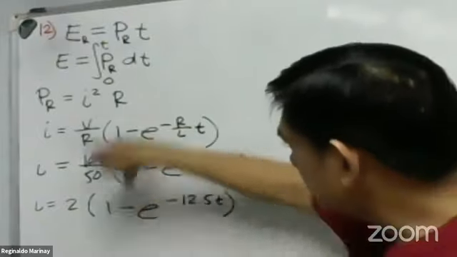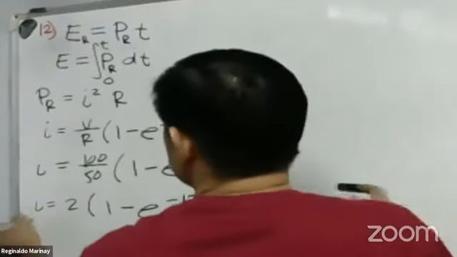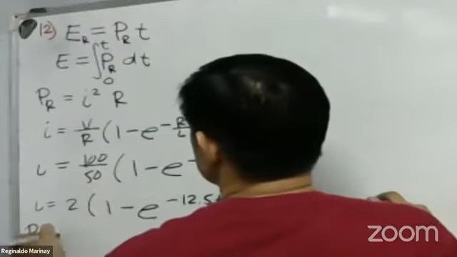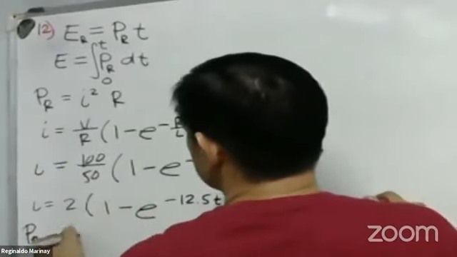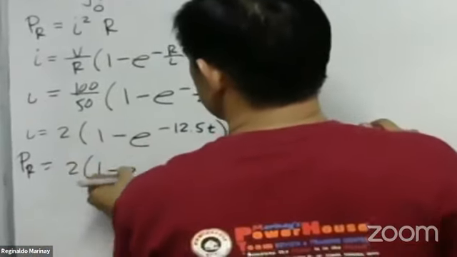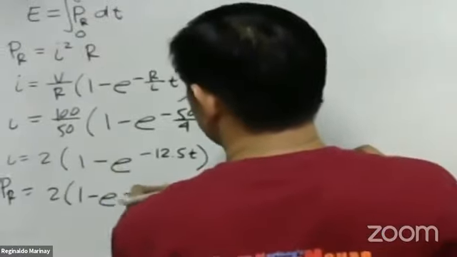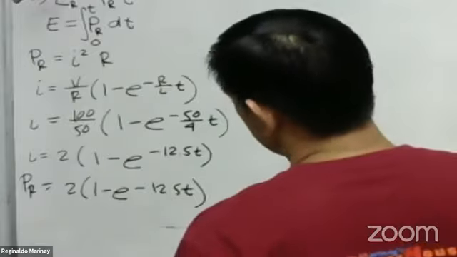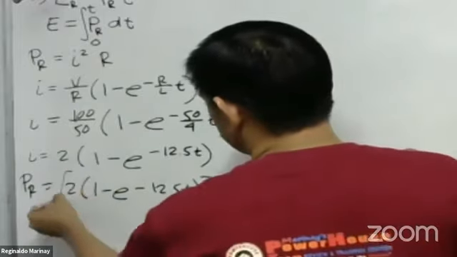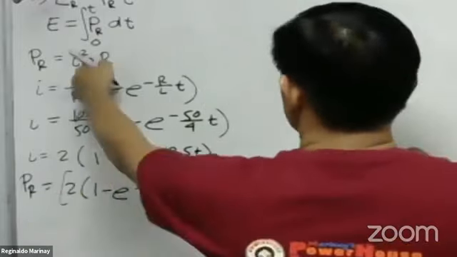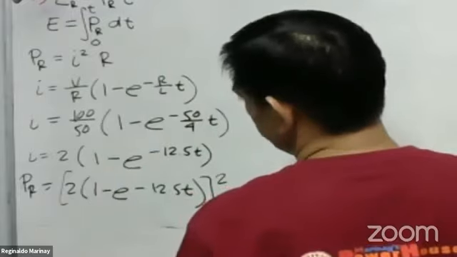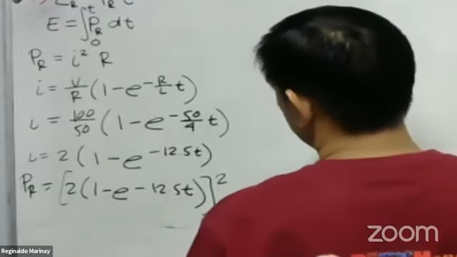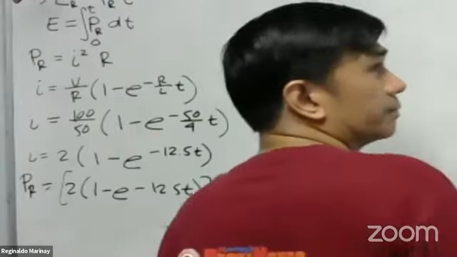Let us substitute I here. So PR is equal to our I, 2 times 1 minus e raised to negative 12.5 t, that quantity squared, then multiplied by R. By the way, what is our R? 50.